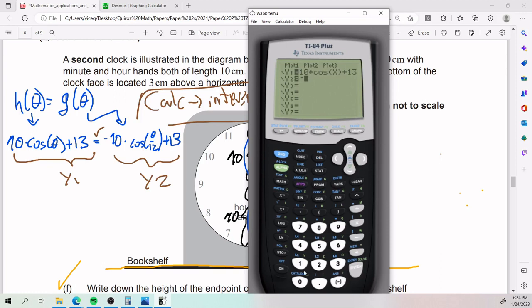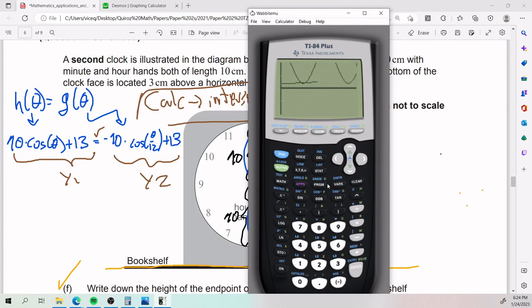We have negative 10 times cosine of theta divided by 12, all of this plus 13 as well. And we're going to go ahead and calc intersect. See what happens. So there's one of my functions.